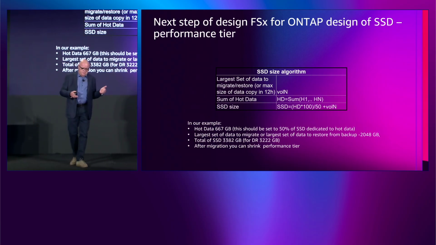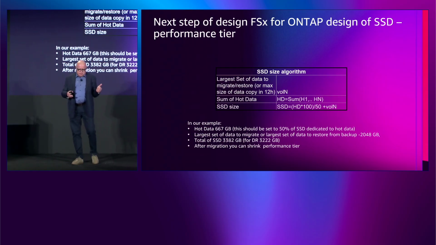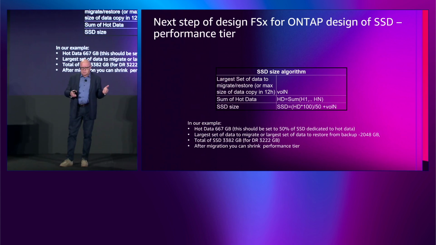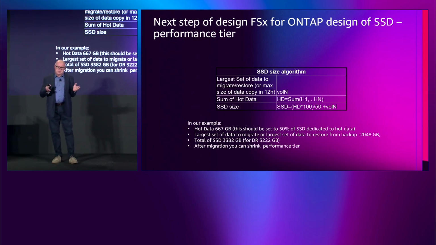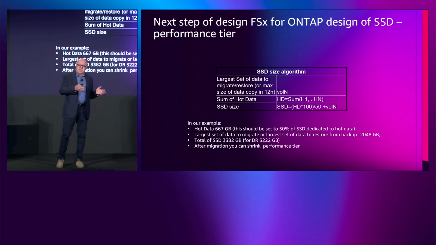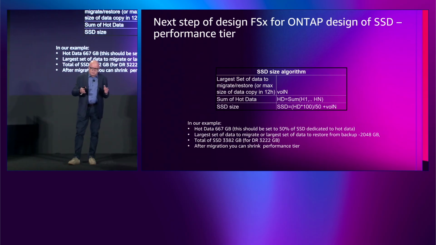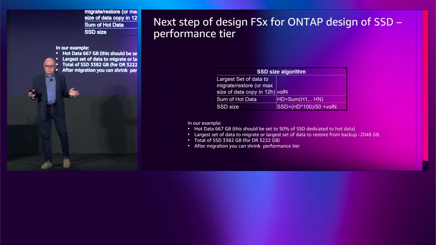So first of all, we have the largest set of data which we want to migrate to FSX, and we anticipate that this data will land in the first step in an SSD tier to do the deduplication and compression. Then we have the sum of all the hot data from all our volumes.